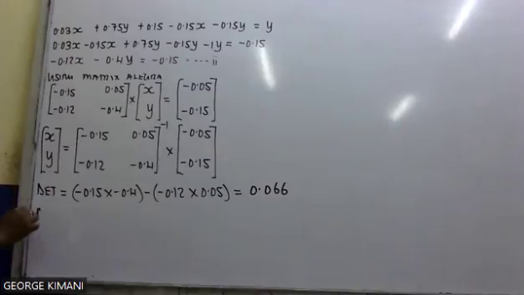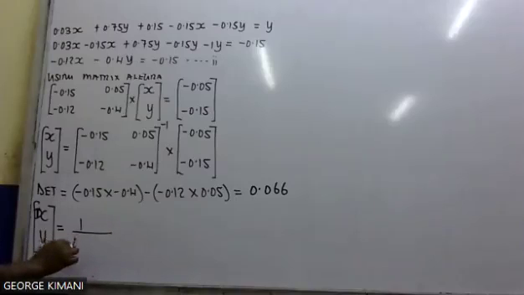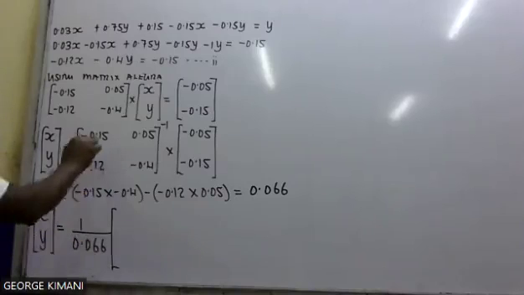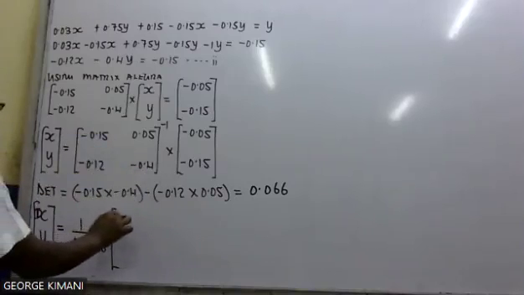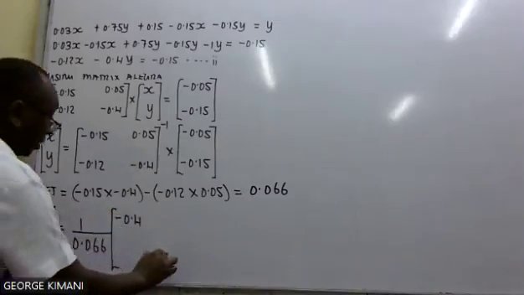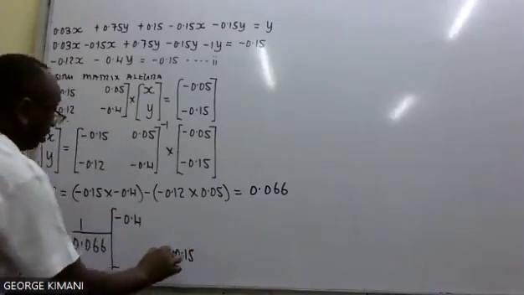So the new matrix, we can just go straight now because we know how to do the new matrix. Don't have to keep on repeating. So it is 1 out of 0.066. We create the new matrix. You change the positions of the major, so minus 0.4 and minus 0.1.